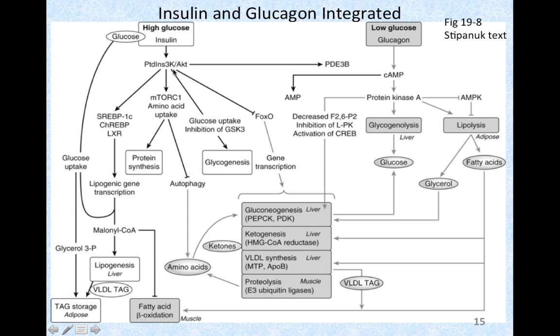Those molecules stimulate glucose uptake by stimulating GLUT4 translocation. They also inhibit the inhibitor of glycogen synthase, so they stimulate glycogen synthase regulated glycogenesis. So glycogenesis goes up in certain tissues.